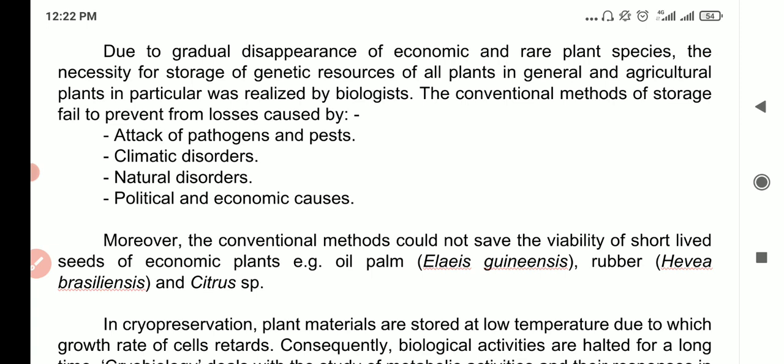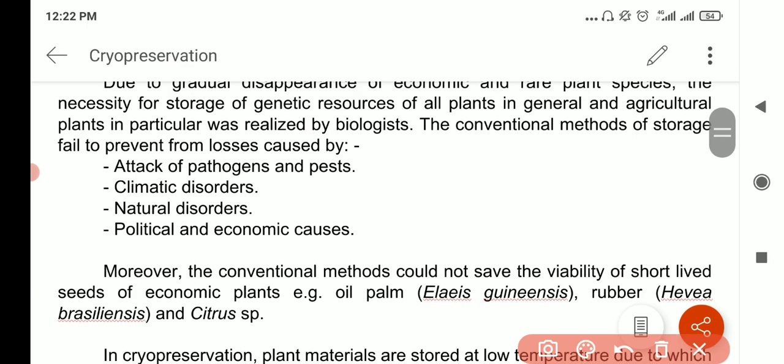So then climate disorders. I'm continuing this one. So climate disasters like tsunamis and all, they may be able to wipe out, like I said. Then natural disasters, political, economic causes. Political and economic causes, you may think this may not apply to you. Why should we care?